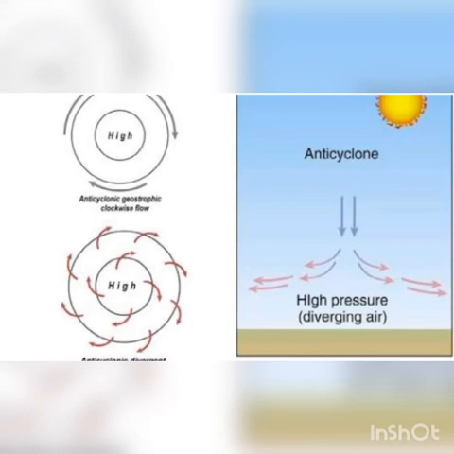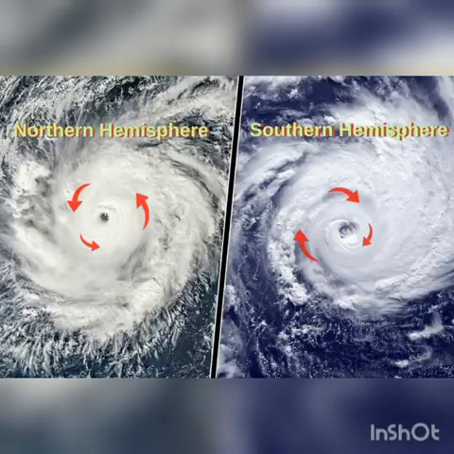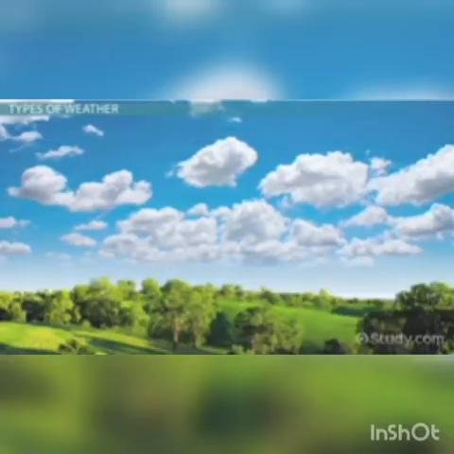And how do they blow? They blow in a circular manner. So in the northern hemisphere, these winds blow in a clockwise direction, whereas in the southern hemisphere, they blow in an anti-clockwise direction. Now what happens during an anticyclone?